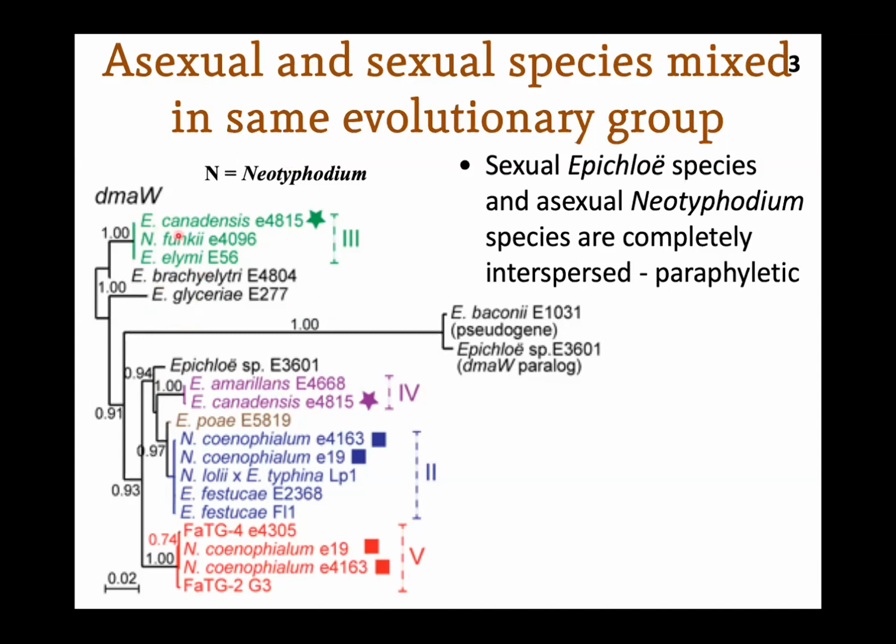So both the Epichloë genus name and the Neotyphodium genus name are paraphyletic terms. Each one doesn't create a nice monophyletic clade to the exclusion of the other genus name. So if you were in charge of the taxonomy of the Epichloë and Neotyphodium endophytes, what would your solution be to this problem?